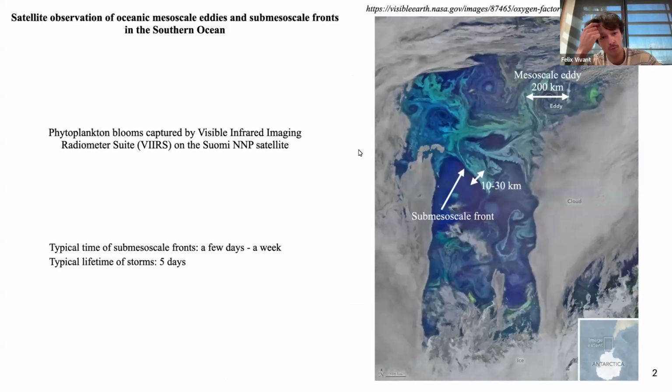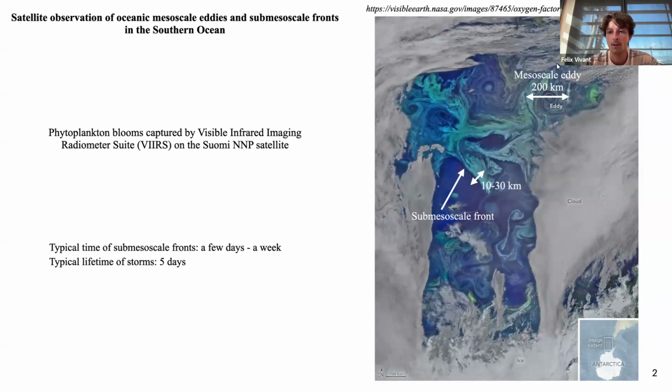So to introduce the oceanic fine scale I'm going to talk about, this is an image from the Suomi NPP satellite. It was captured in the Southern Ocean, between Antarctica and South America. It captures phytoplankton blooms, and we can identify different scales in the ocean.